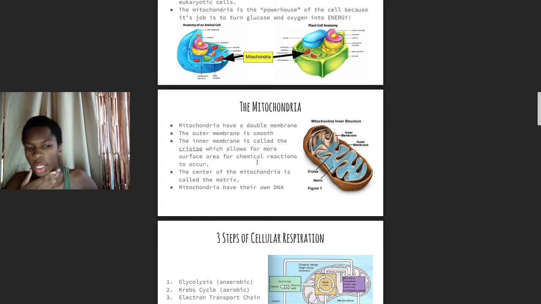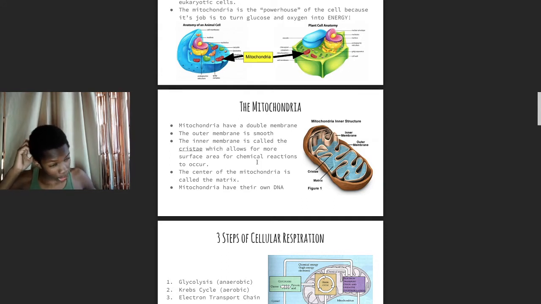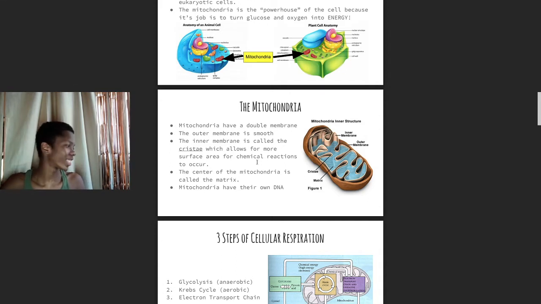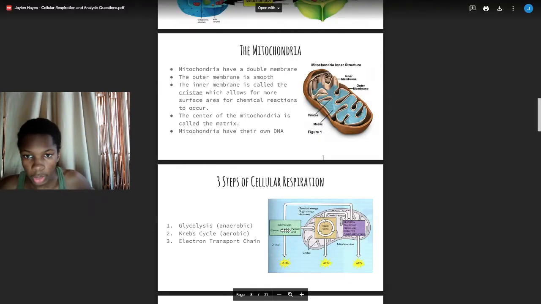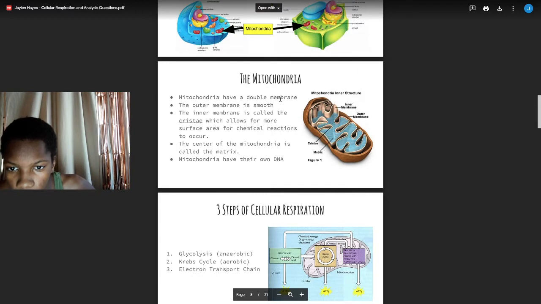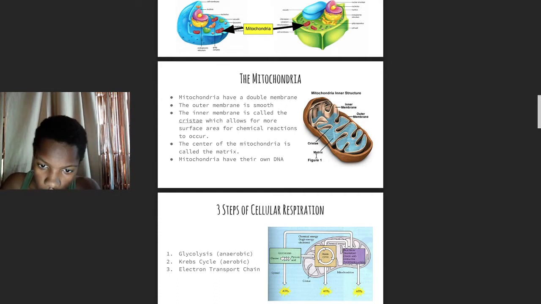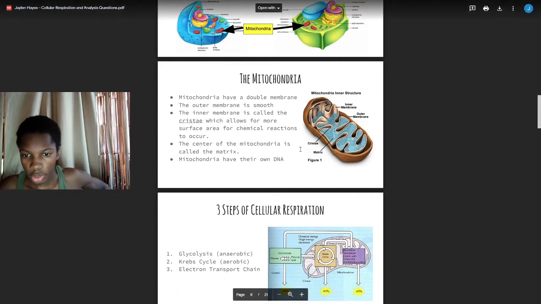The center of the mitochondria is called the matrix. And the mitochondria have their own DNA. Here's a little visual right here. Mitochondria inner structure: the inner membrane, the outer membrane, and the matrix.